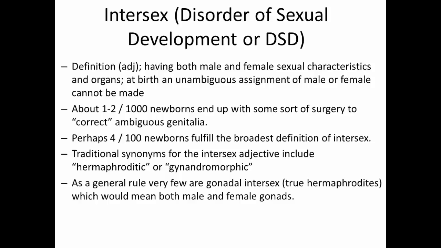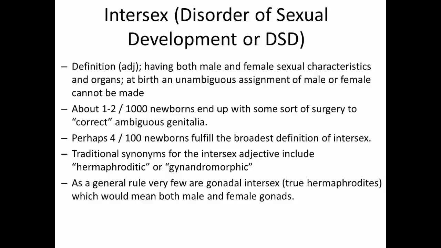As a general rule, there's very few gonadal intersexes, and that's what we would call true hermaphrodites, and that means that they have both male and female gonads, which is to say they have a testicle on one side and an ovary on the other side. What's even more uncommon would be to have a functional testicle on one side that's making sperm and a functional ovary on the other side that's making eggs.